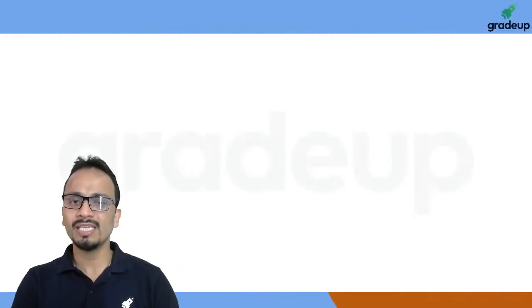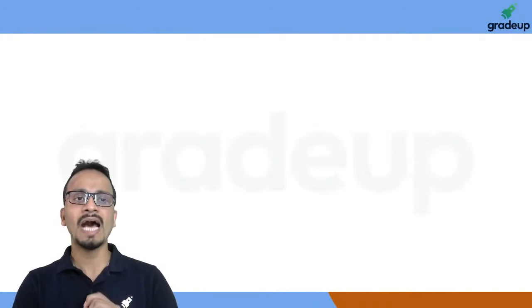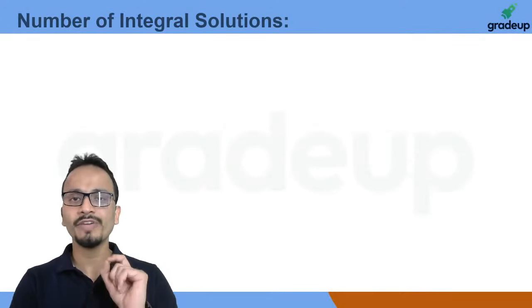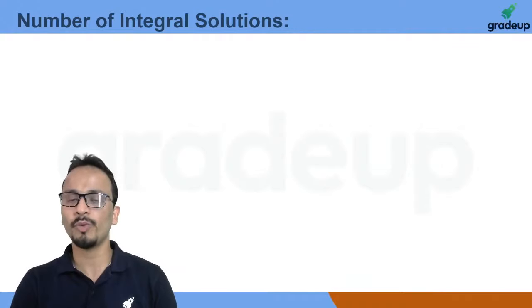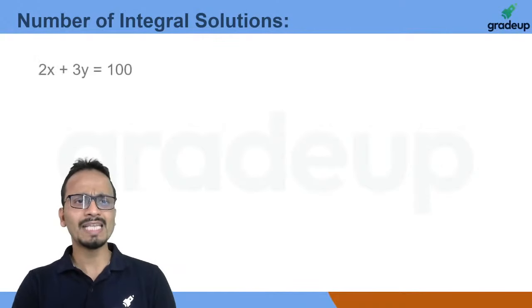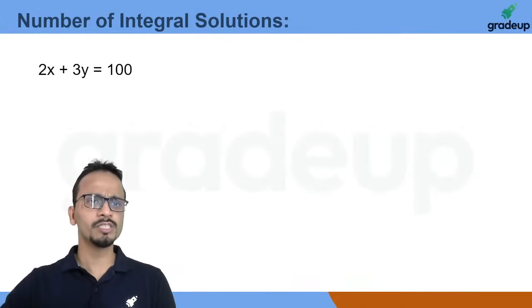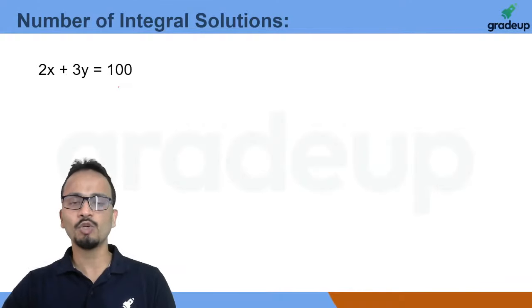Let's talk about simple equations and how to find out the number of integral solutions of any equation that is given to us. As an example, I'm taking this equation, which is 2x plus 3y equal to 100.